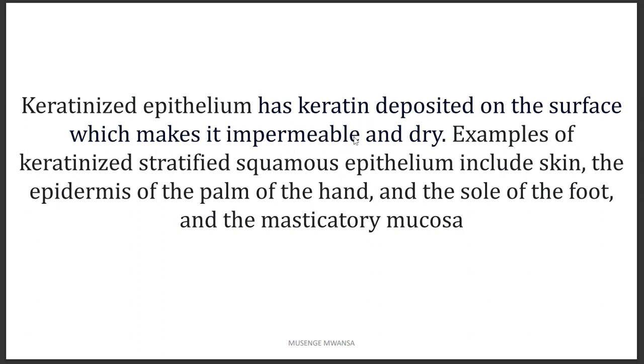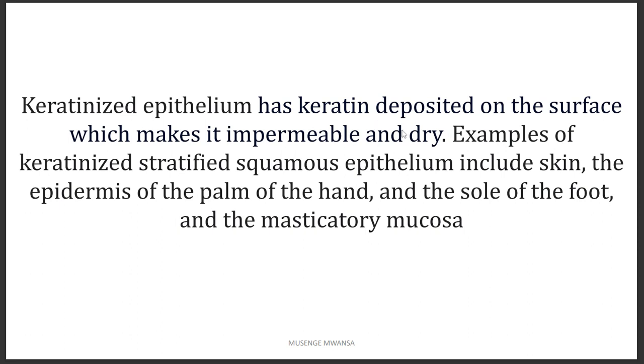But you don't want keratin in places which are not supposed to be dry. So this kind of epithelium is important in portions like the skin, the bottom of the feet, and also the hand. Okay, because it is dry there.